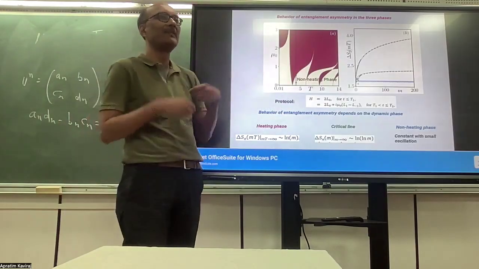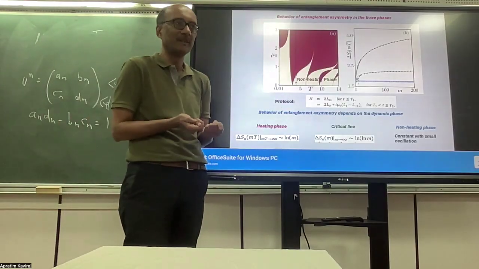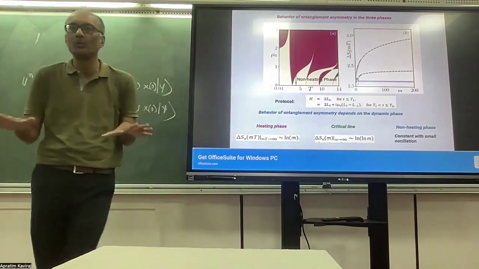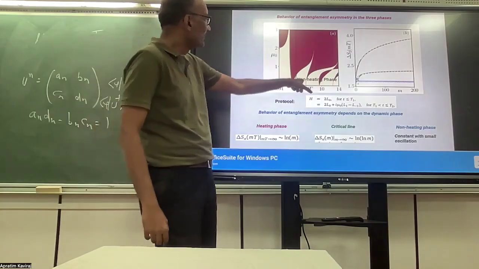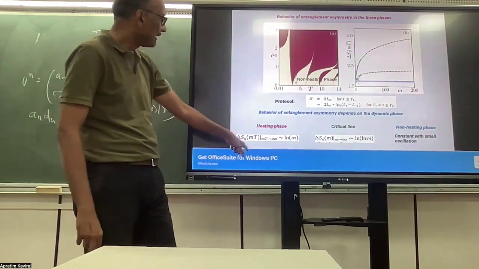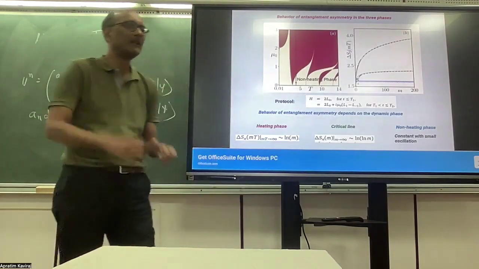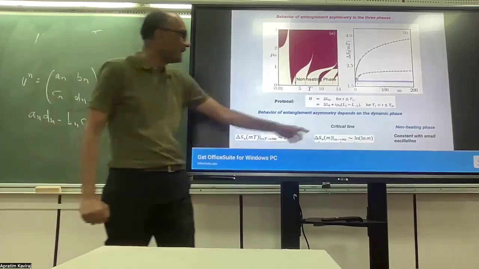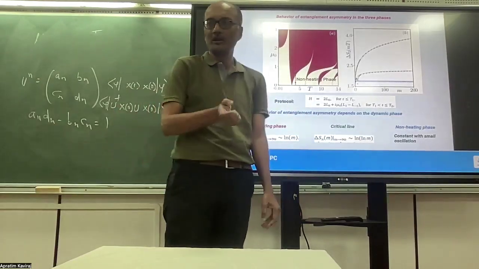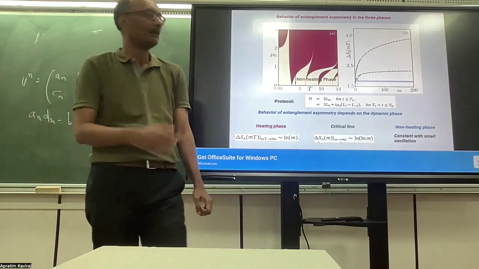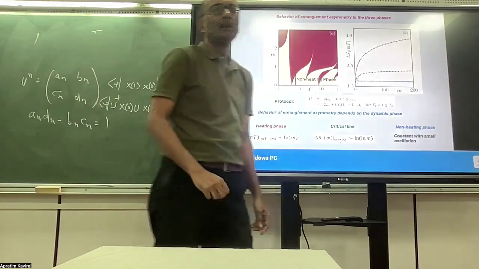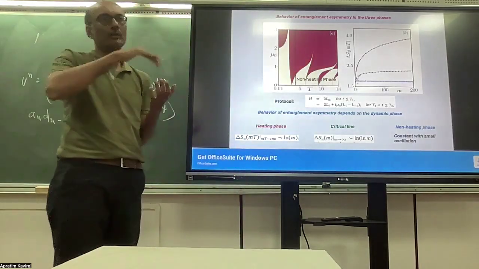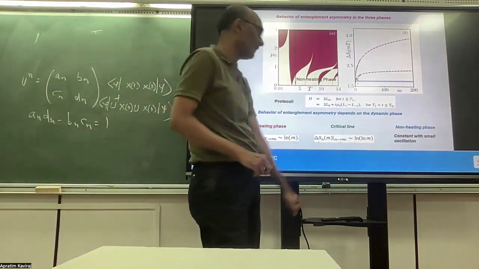We are in d equal to 2, so I can meaningfully talk about heating, non-heating, and other phases. If your system is in the heating phase, your delta S goes as log N. Then it grows. If it is on the critical line, it goes as log n. It grows, but very slowly. And here there is a constant small oscillation. It doesn't really go to zero, but maintains this small oscillation.